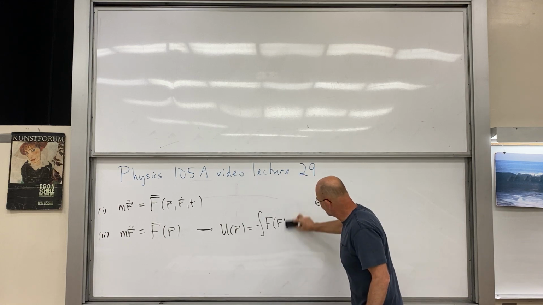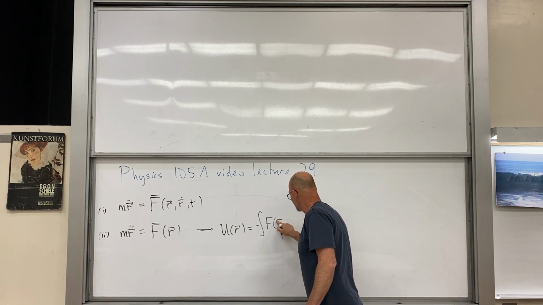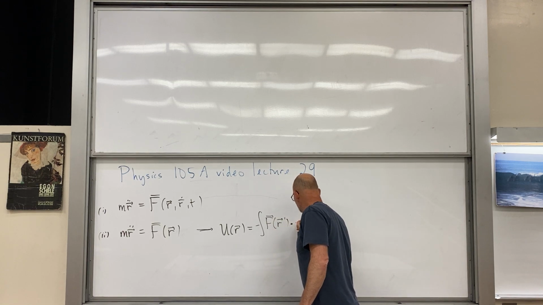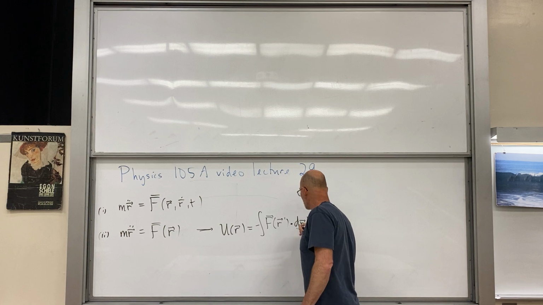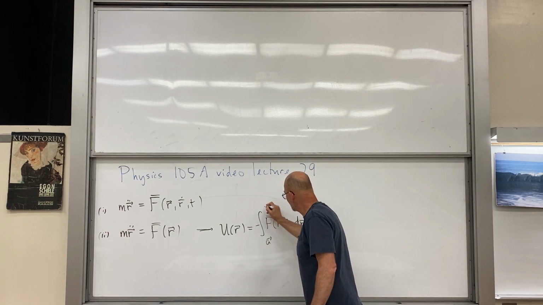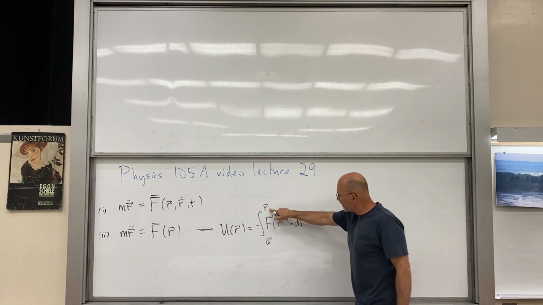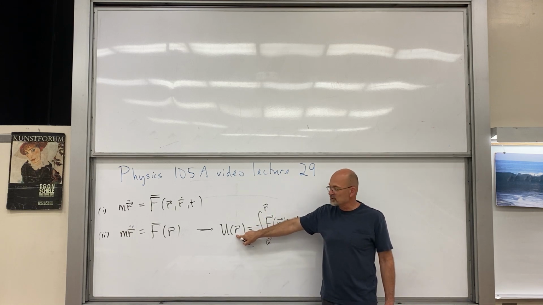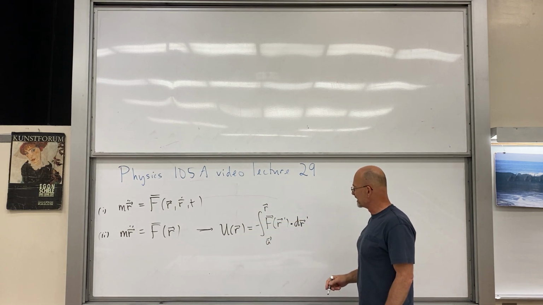Not so fast. That's an R prime because it's an integration variable dotted into dr prime. So that's an integral that ends up at the point R where we're measuring the potential energy.